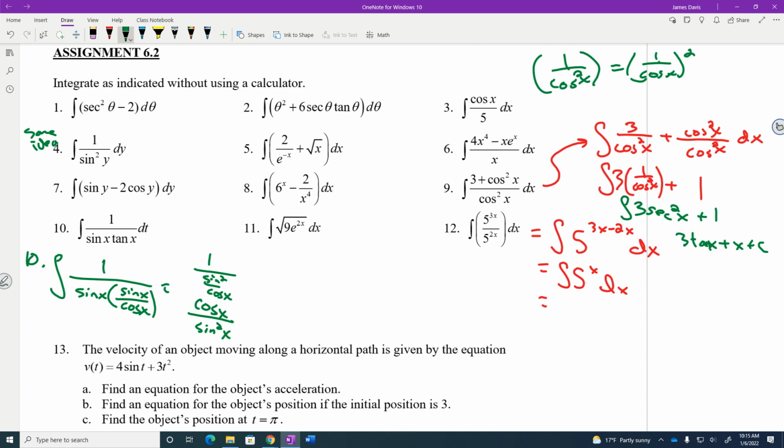Okay, so what about if we write it a little bit differently? What about if we write it as cosine times 1 over sine squared? I'll just write it that way instead. So what would it be if we wrote it that way?